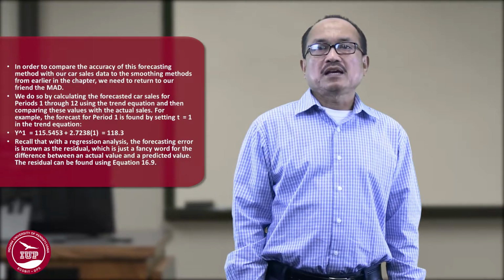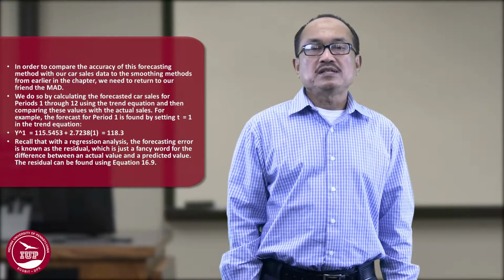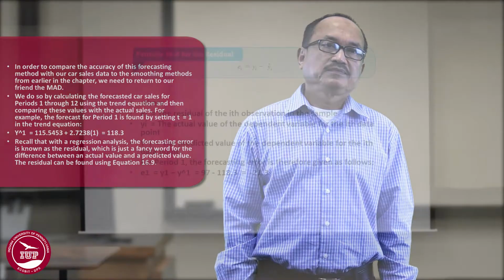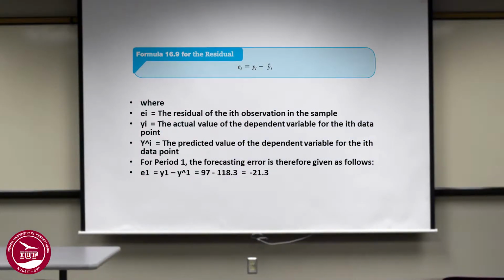The residual can be found using equation 16.9, where e_i is the residual of the ith observation in the sample, y_i is the actual value of the dependent variable for the ith data point, and ŷ_i is the predicted value of the dependent variable for the ith data point.